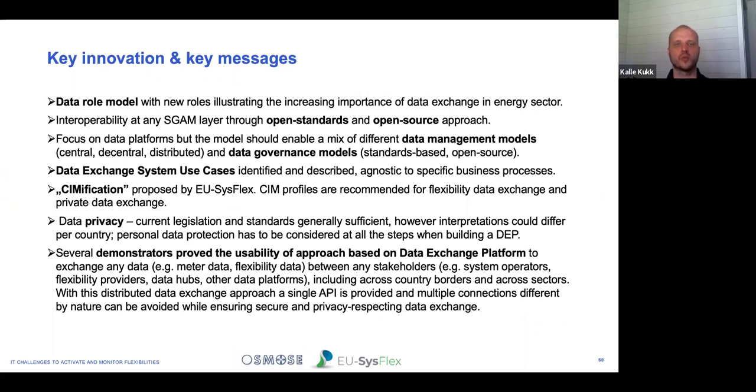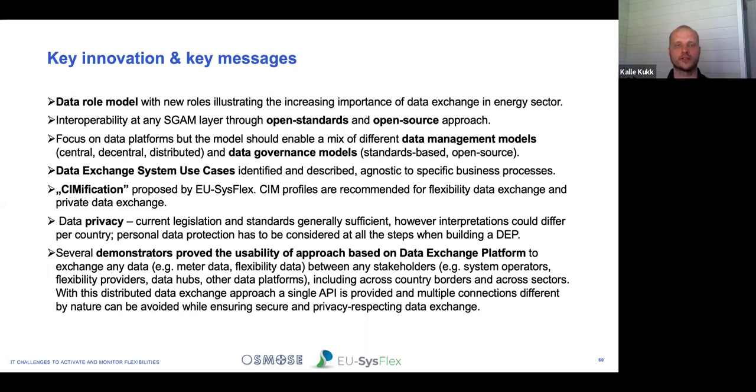So the data role model with some new roles illustrates the increasing importance of data exchange. Interoperability at any SGAM layer through open standards and open source approaches. So don't ignore the other. Then focus on data platforms, but as I said, the model should enable a mix of different data models.